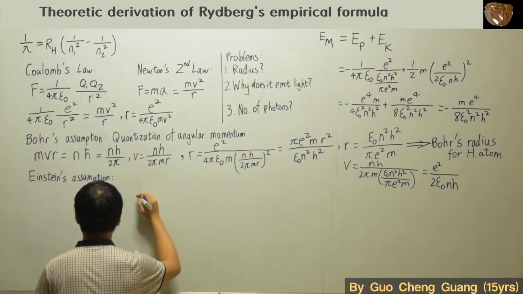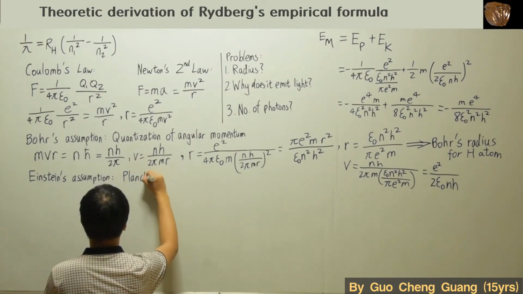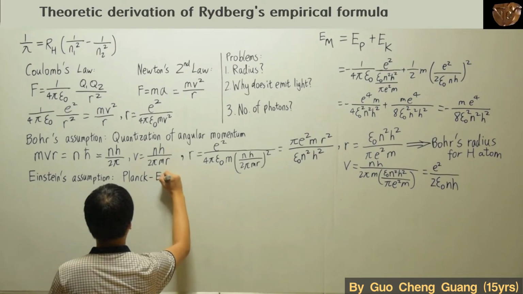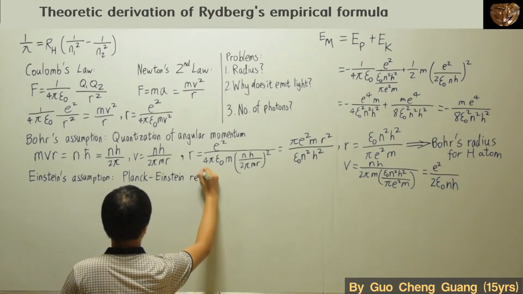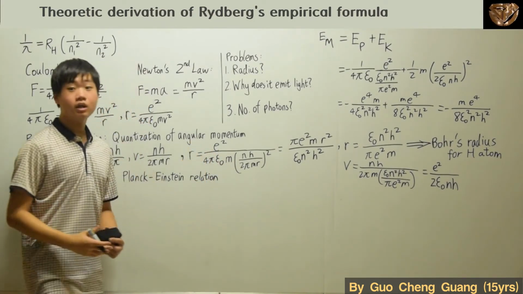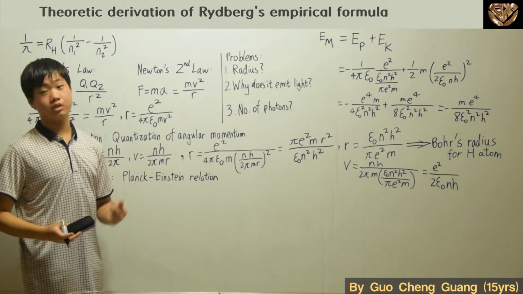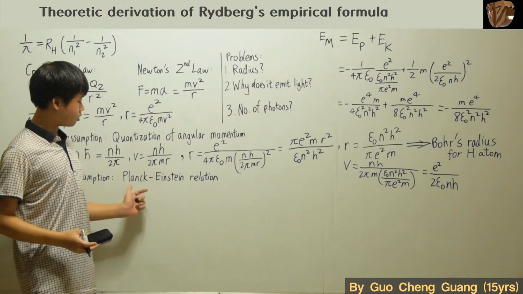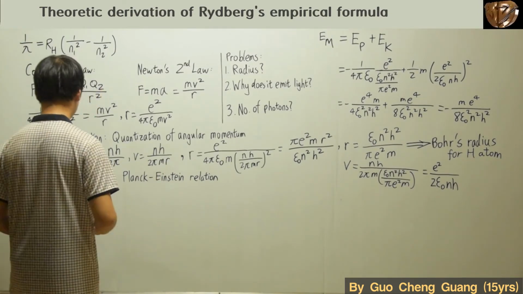So Einstein actually used the Planck-Einstein relation. Alright? So the Planck-Einstein relation. Wait, Planck again. We had Planck's constant and now he's here again. So Planck-Einstein relation. Now what is this exactly about?